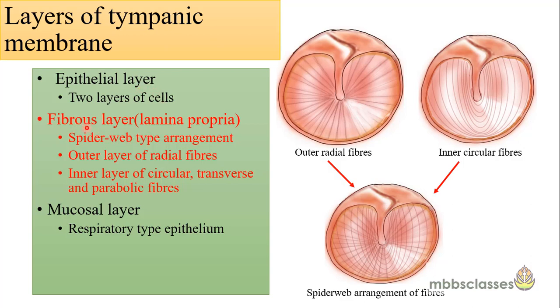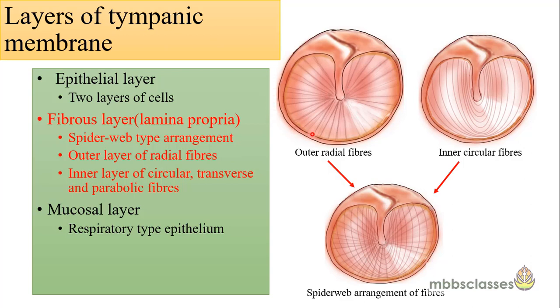There is some peculiarity about the way the fibrous layer is arranged in the tympanic membrane. The fibrous layer is also known as the lamina propria. It has a peculiar spiderweb arrangement of fibers. So how is it formed? This spiderweb arrangement is formed by two different layers of the fibrous layer.